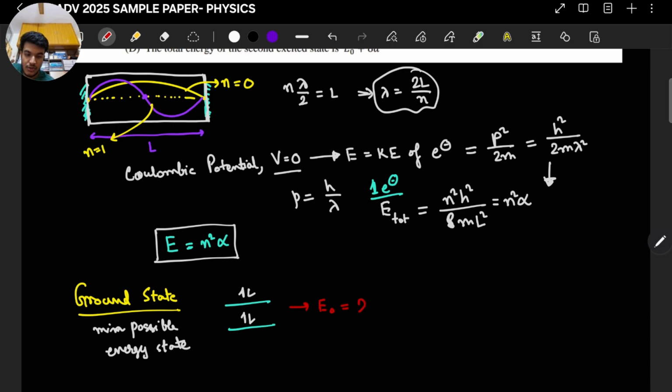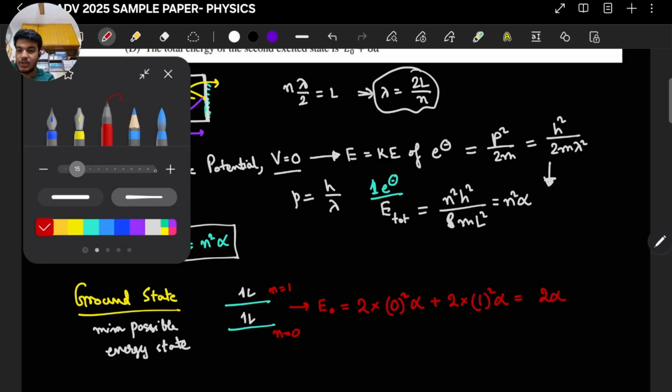which can be easily written as 2 electrons in the n equal to 0 state and 2 electrons in the n equal to 1 state. So it is 2 into 0 square alpha plus 2 into 1 square alpha, and this is nothing but 2 alpha. So E is basically, this is not n equal to 0.